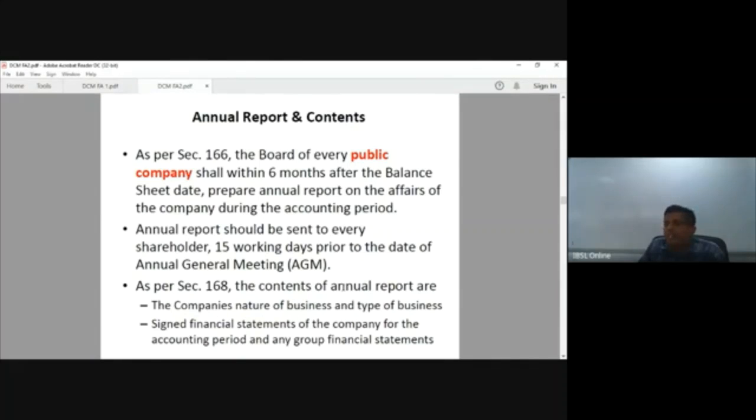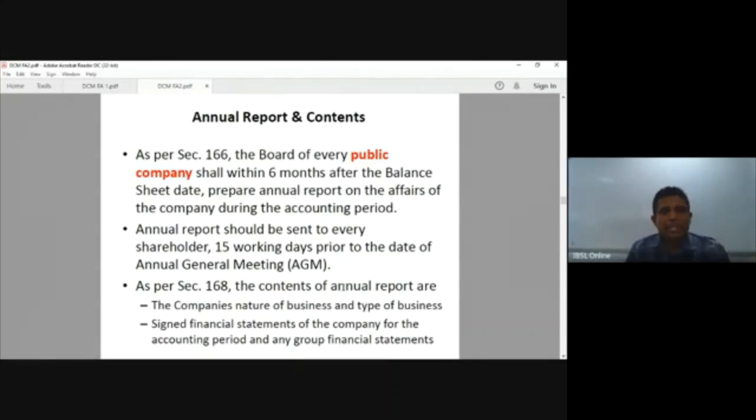Therefore, CDs will ultimately end up in the dustbin, right? For the sake of the environment also, it's better not to print the book, not to send the CD, but to send a letter with a QR code or link to have access in the system. Therefore, there is a requirement, but it has to reach shareholders 15 working days before the AGM.